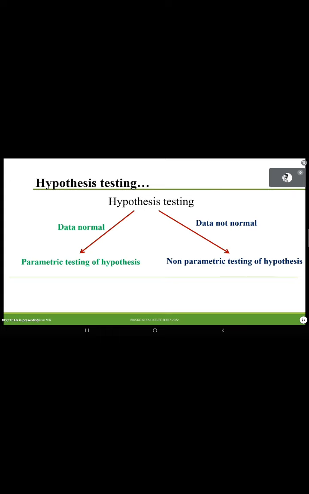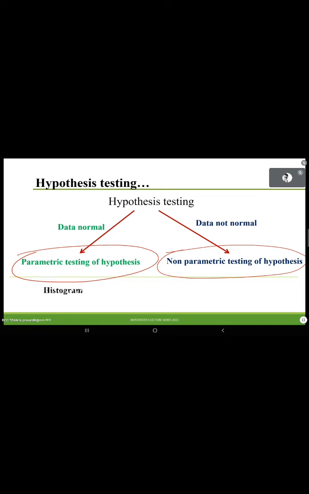If your data follows normal distribution, you should go for a specific type of testing procedure that is commonly termed a parametric method. So if you say I use a parametric test, that means your data follows normal distribution. If your data violates the normality assumption, you should go for a non-parametric test.